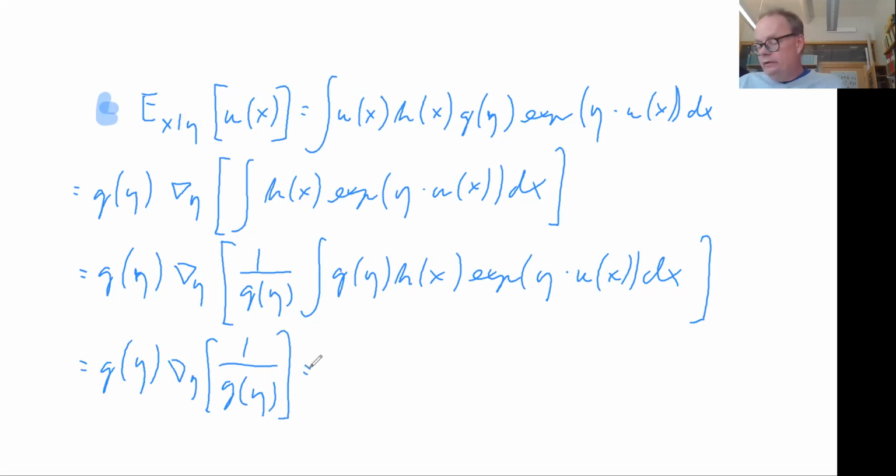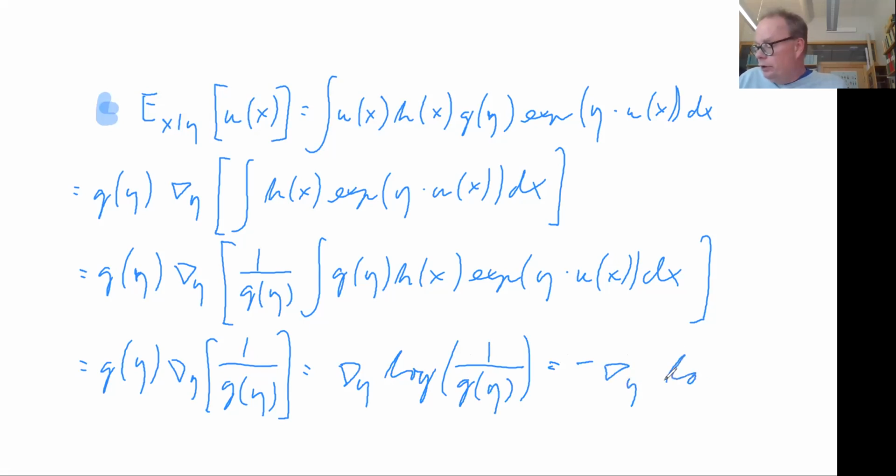And you can write this, in fact, as the gradient of eta times the logarithm of 1 over g of eta. If you think about it, that's really what this says. So you get minus the gradient of log of g of eta.